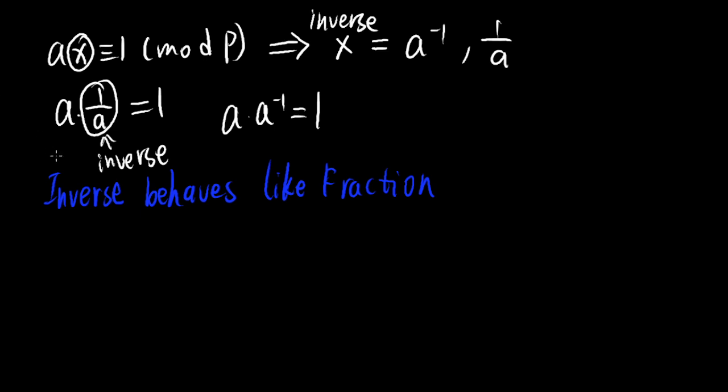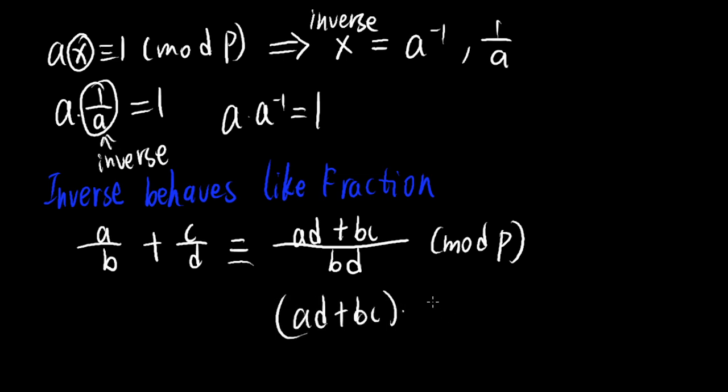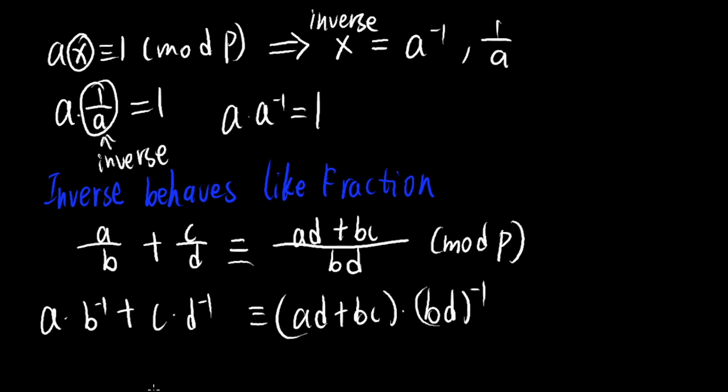What this means is that when we write a over b plus c over d is congruent to (ad plus bc) over bd mod p, it is not a trivial fact, because actually this kind of notation implies (ad plus bc) times the inverse of bd, and it is equal to a times the inverse of b plus c times the inverse of d.